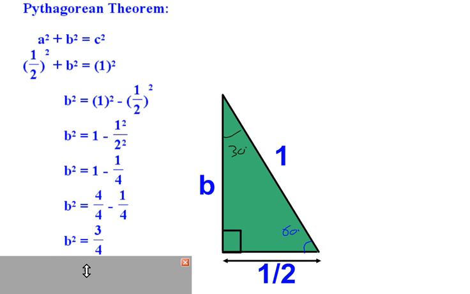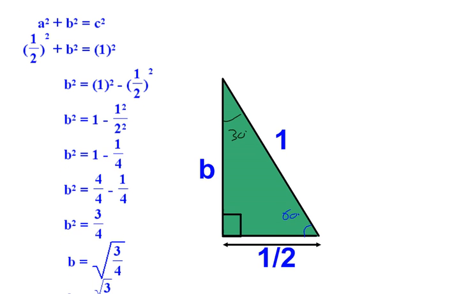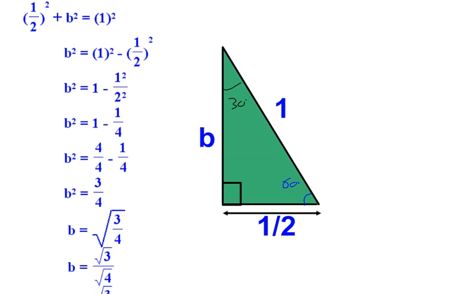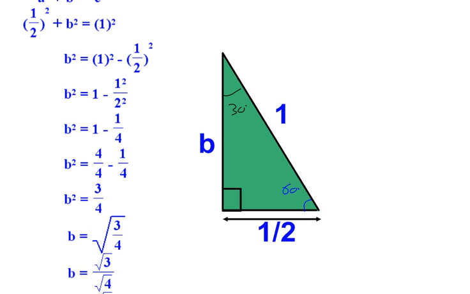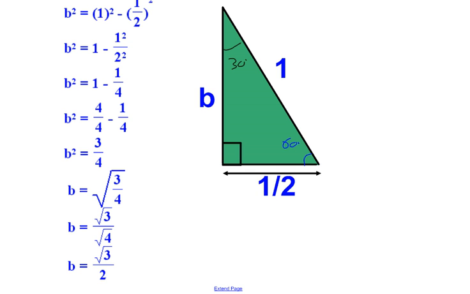So b is equal to the square root of 3 over 4, which is the same as the square root of 3 over the square root of 4. We know the square root of 4 is 2, so our denominator becomes 2. So we found the value of b, which is square root of 3 over 2.